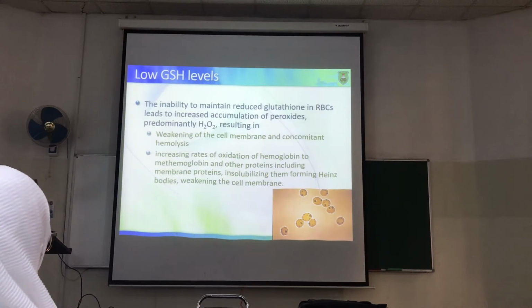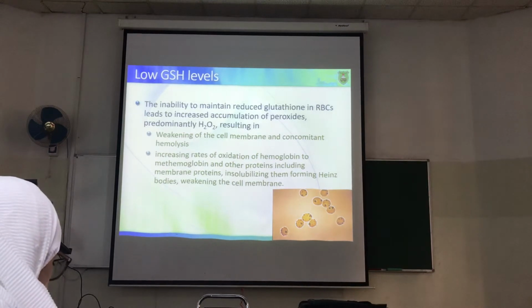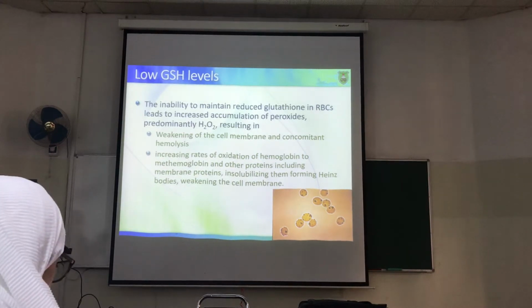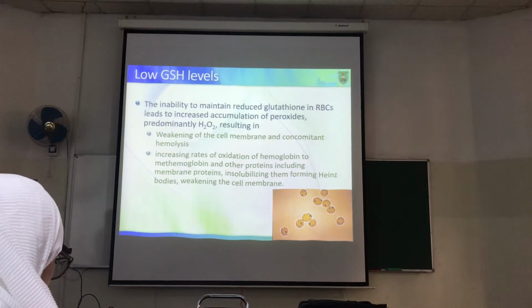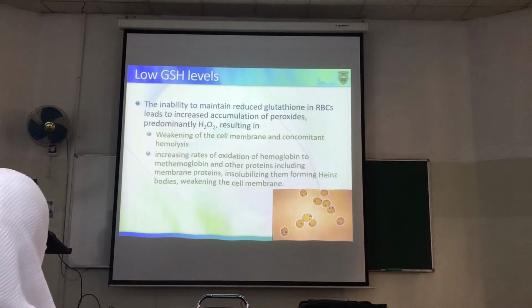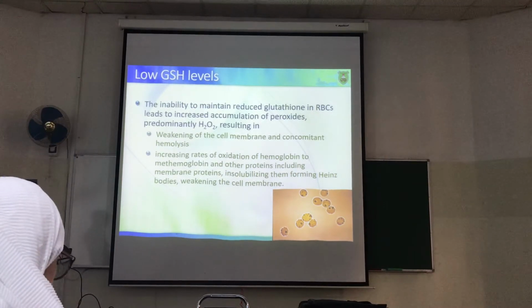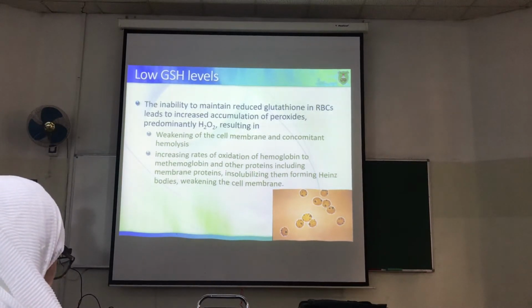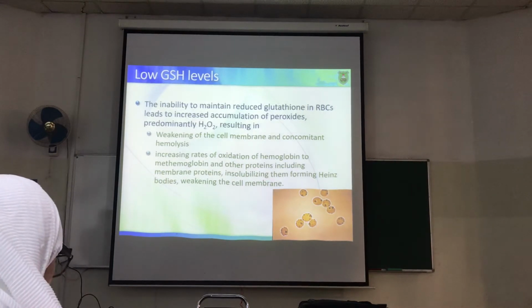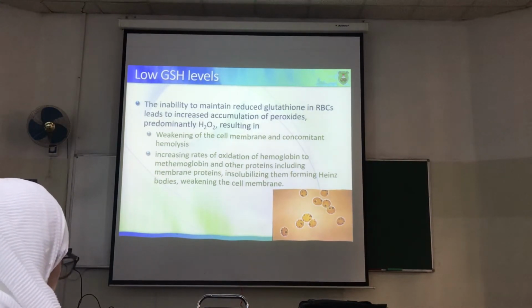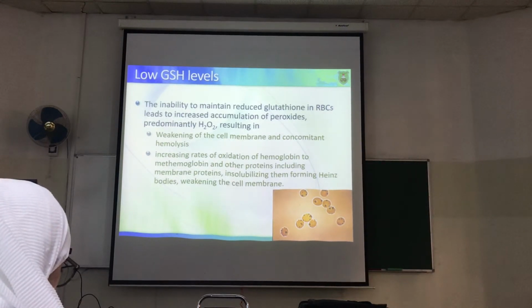Now, if proteins get damaged and degraded, they would tend to cluster together. Red blood cells contain a huge amount of hemoglobin, and if these cluster, they would bind to the plasma membrane. Once they bind to the plasma membrane as clusters known as Heinz bodies, membranes are damaged. And the free radicals also damage the membrane, and that leads to hemolytic anemia.